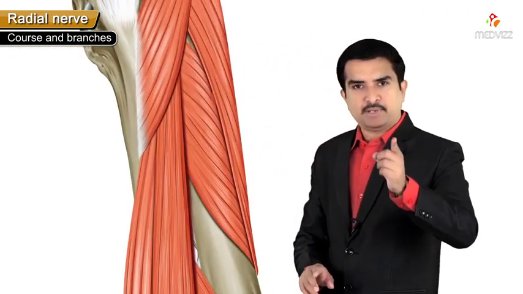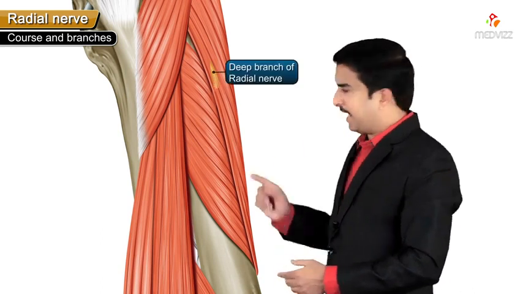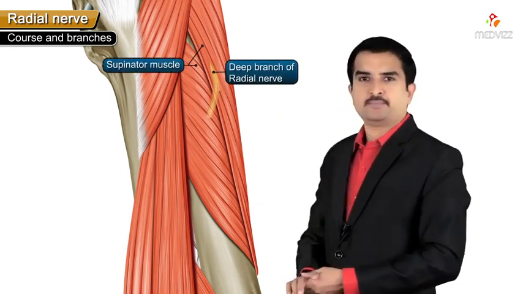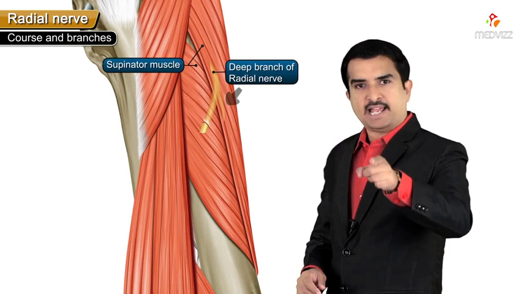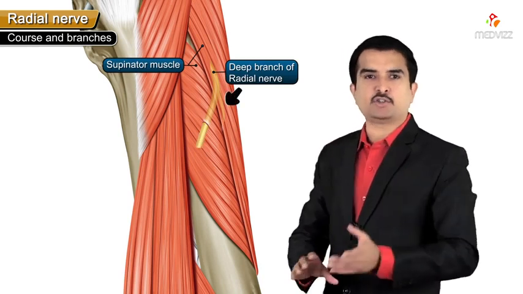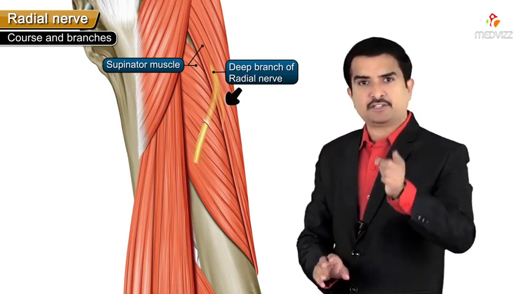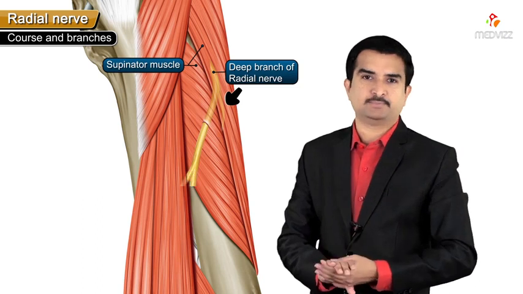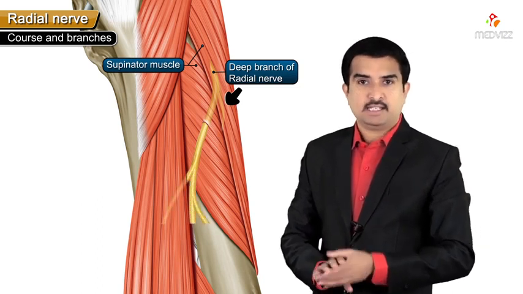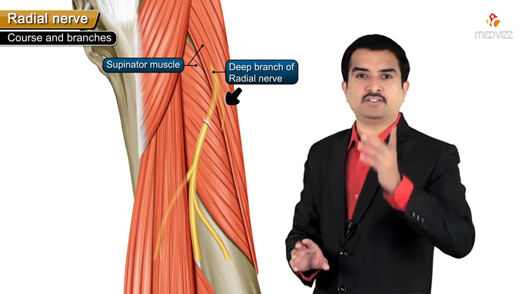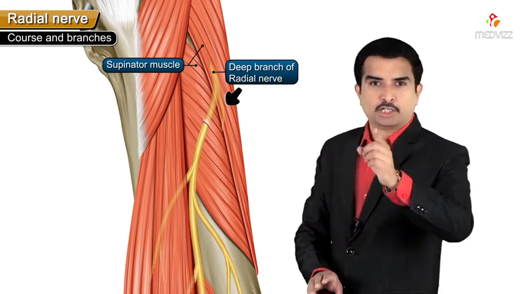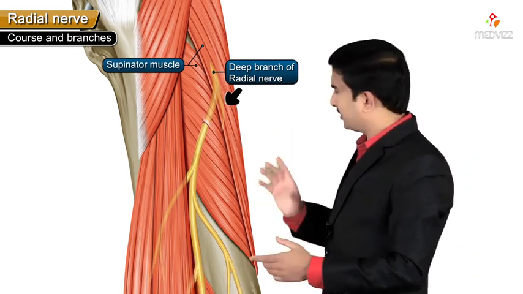So the deep branch of the radial nerve, before entering the substance of the supinator, gives off a branch to the supinator muscle, which means the deep branch of the radial nerve is the one which supplies the supinator, but not the posterior interosseous nerve, right?